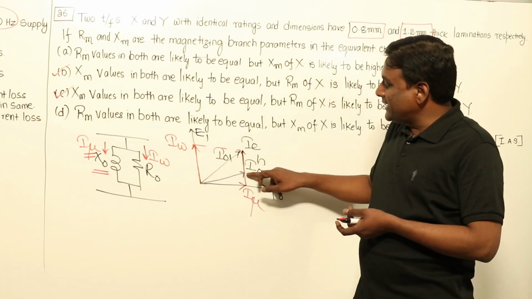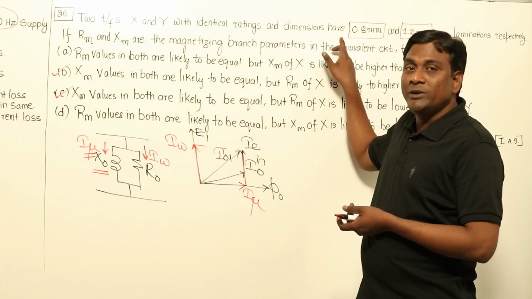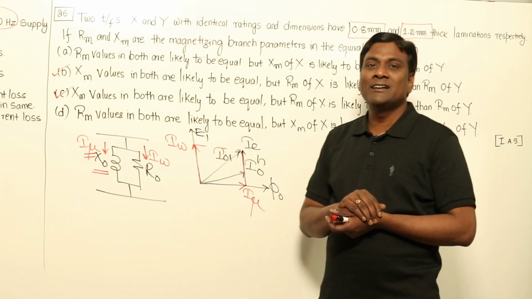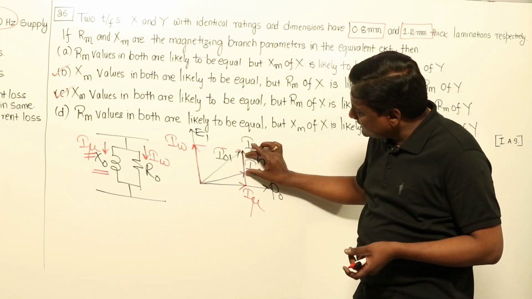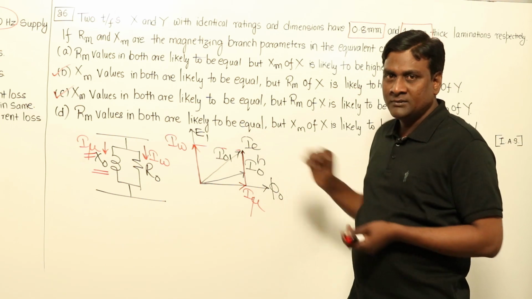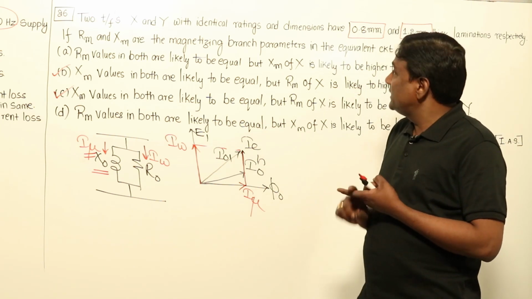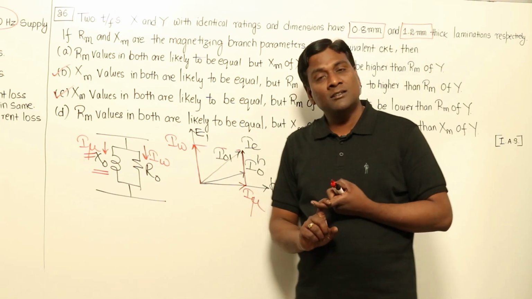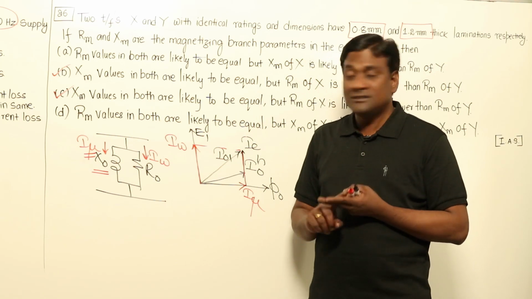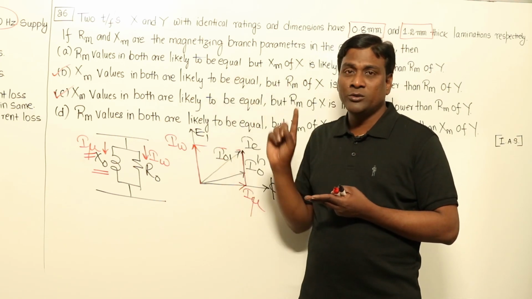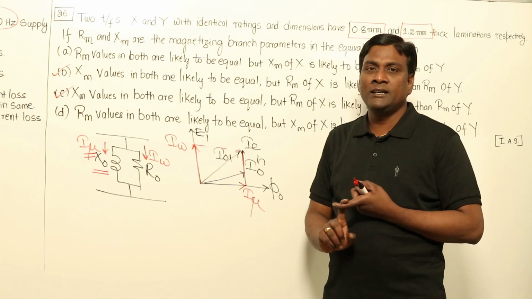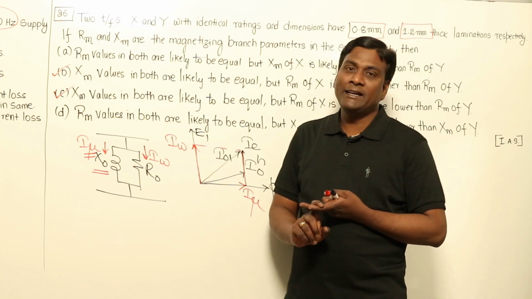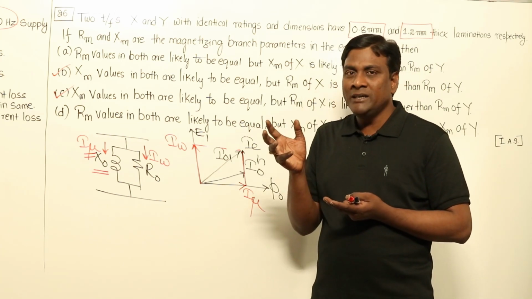Now what about eddy currents? The moment you increase the thickness of laminations, eddy current losses have to increase, which means this IE component will increase. Hysteresis losses he did not touch, so hysteresis losses will remain the same, eddy current losses will increase, so total core loss will increase.